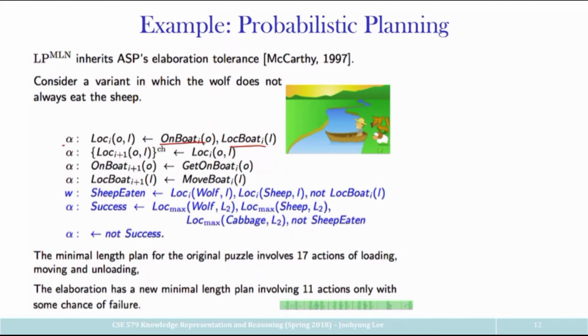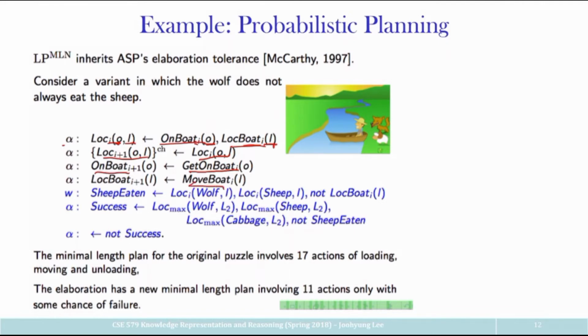For instance, here you can say the effects of the action. If something is on the boat and the boat is at a location, it's an indirect effect, a state constraint: then that object is at the same location. This is the inertia rule that you saw before. Usually things will stay in the same location. And this is an action: if the object gets on the boat, then on boat will be true in the next time.